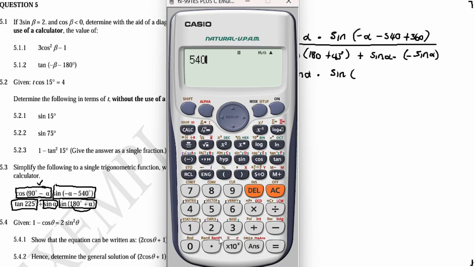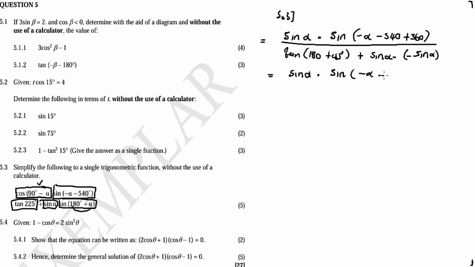Minus 540 plus 360 gives minus 180. No stress, let's continue. We need to add another 360 again. Then 180 plus is found in the third quadrant, and in the third quadrant tan is positive.